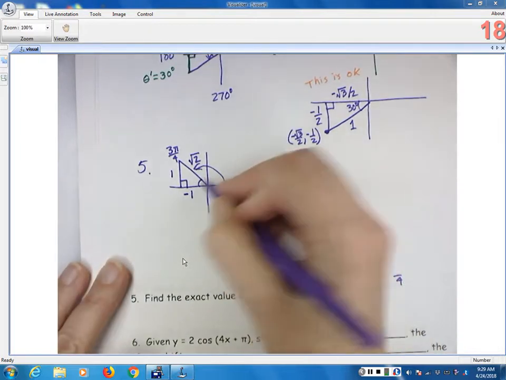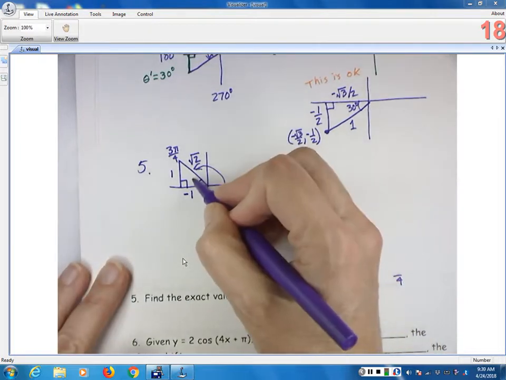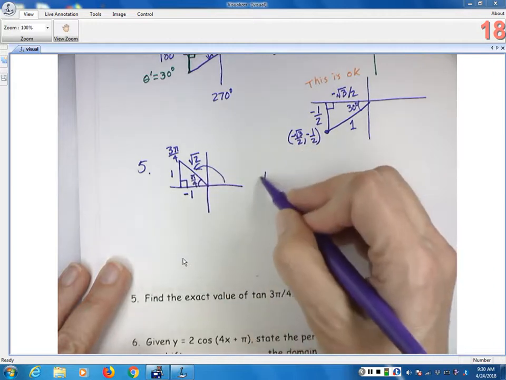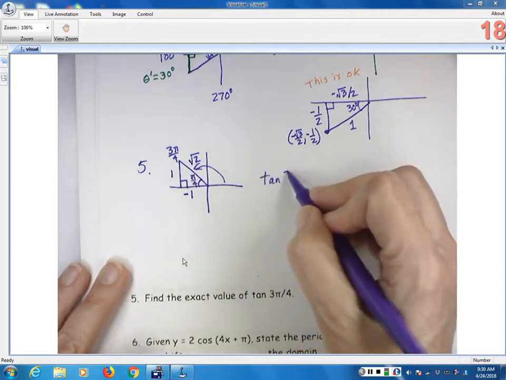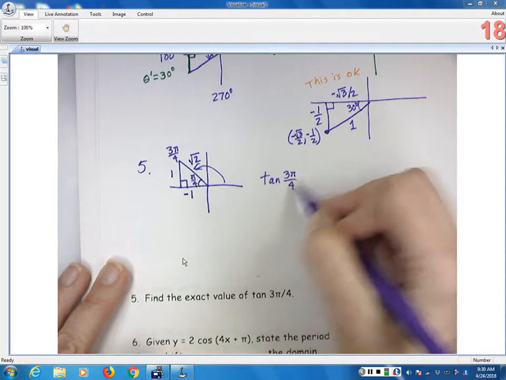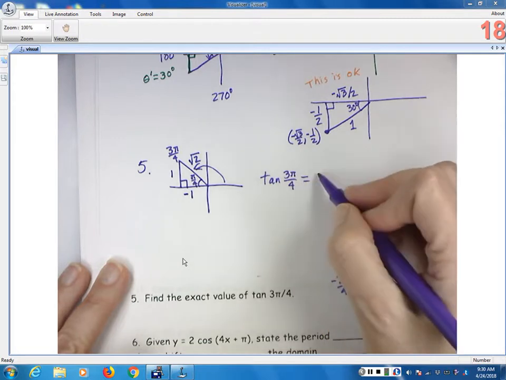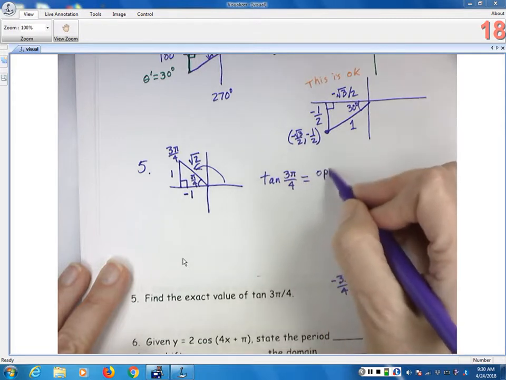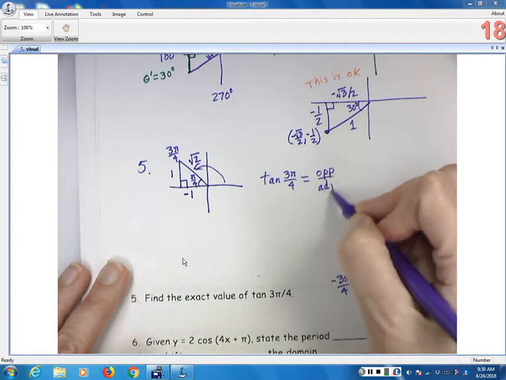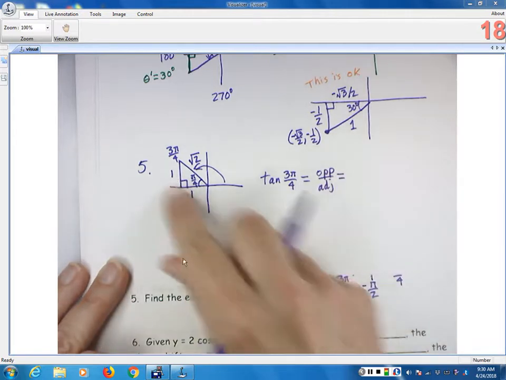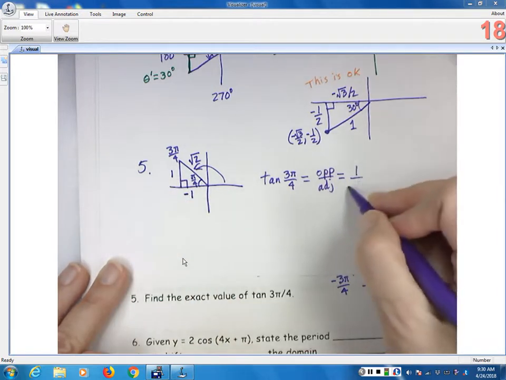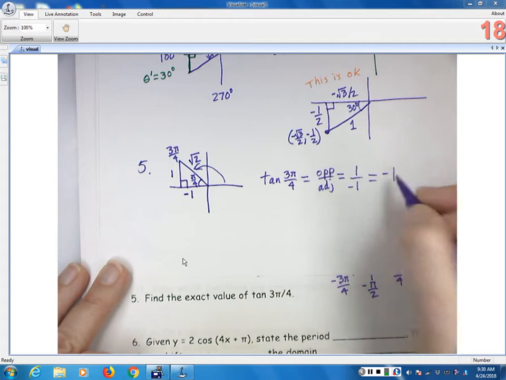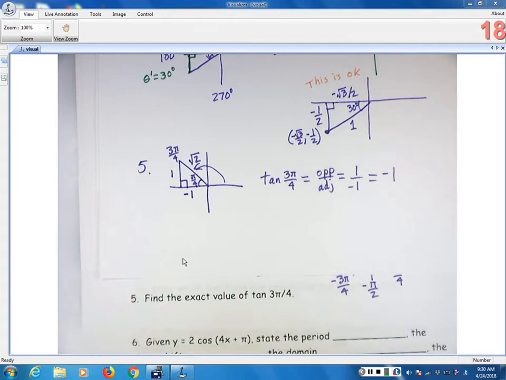This is our theta prime is pi over 4. So tangent of 3 pi over 4 is opposite over adjacent is 1 over negative 1. Negative 1. Okay.